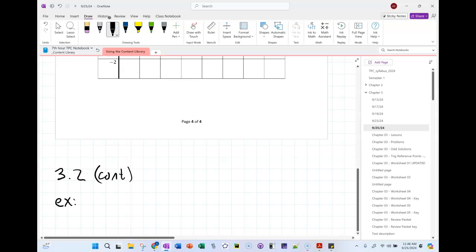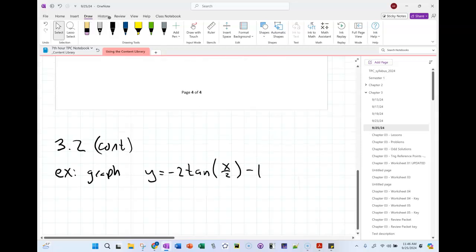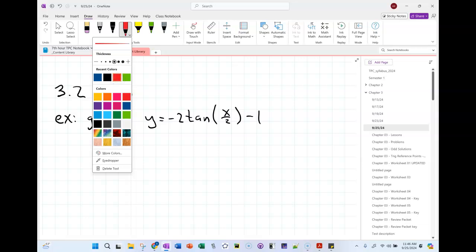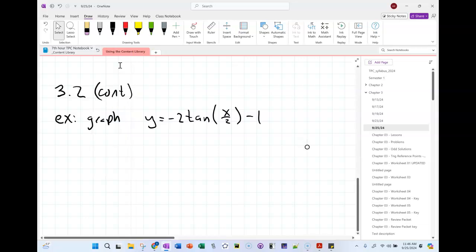So in section 3.2, we're talking about graphing. We've been talking about tangents in section 2.